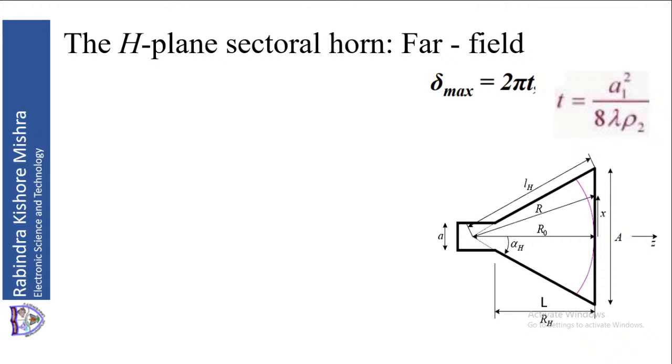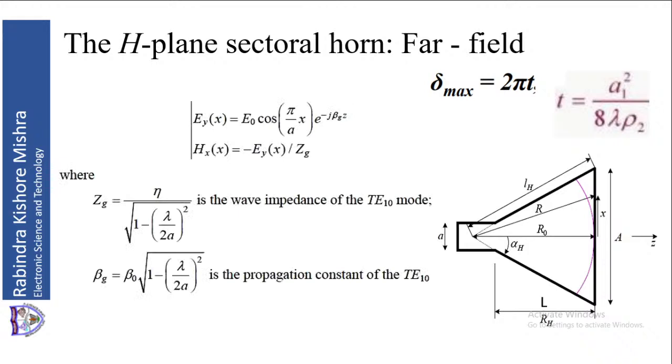Then we will come to the far field expression. For the far field expression, the field on the aperture EY of X is equal to E0 remains constant, then cos pi by AX remains as it is.